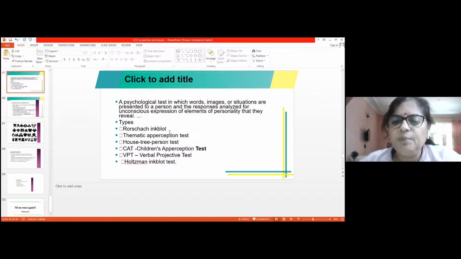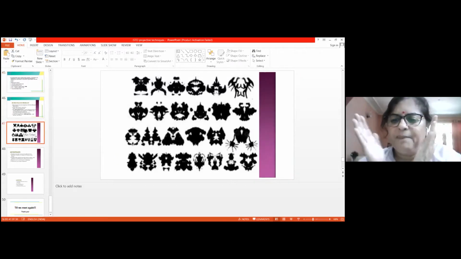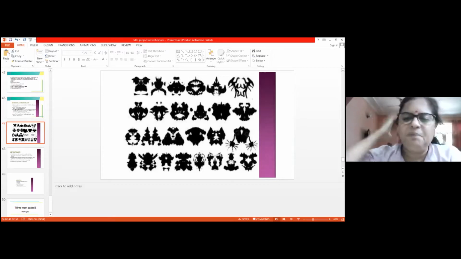Rorschach's ink blot test, in which ink is put on paper and then these blots are made, and people are asked to look at these pictures and make something of them.